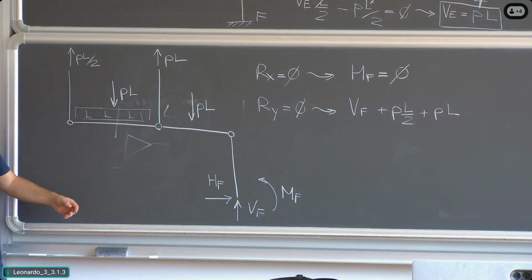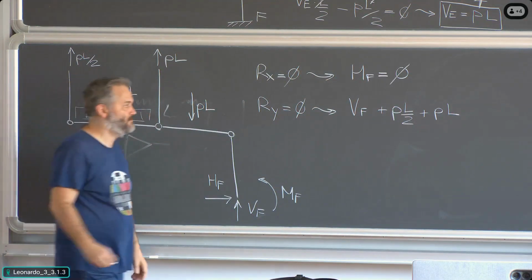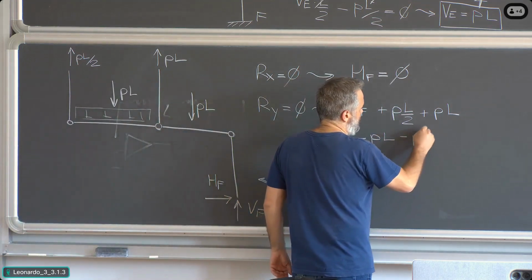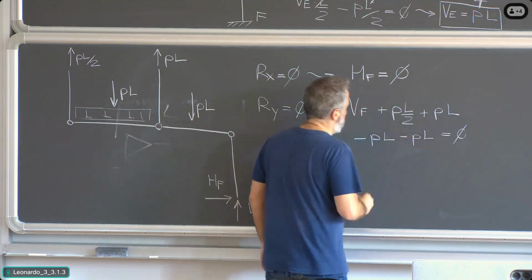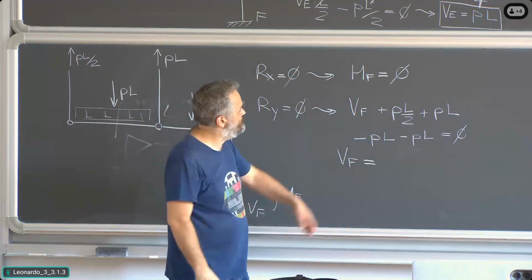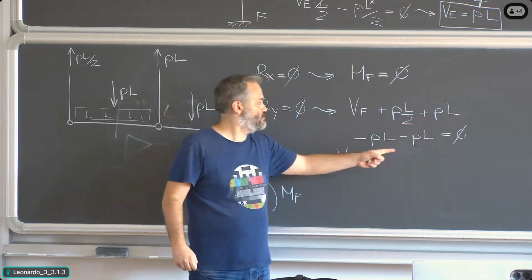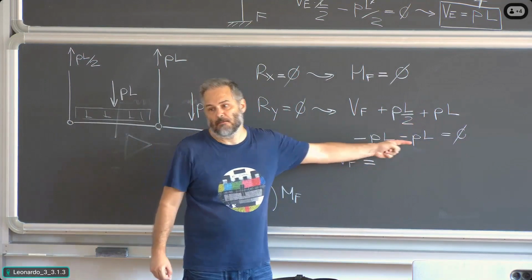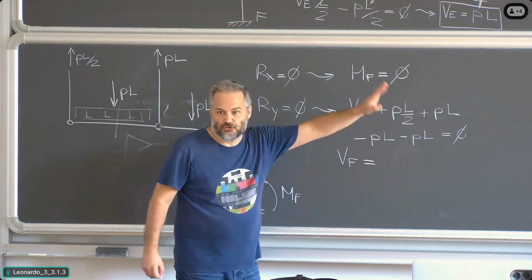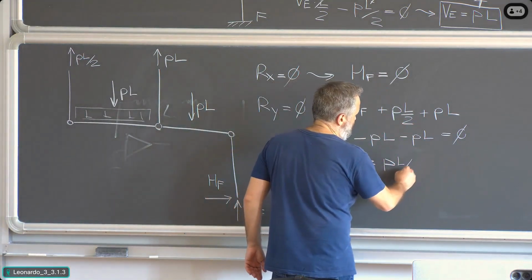Then we have two downward forces, PL and PL, which is minus PL equal 0. This leads to Vf being equal to what? 1 over 2 plus 1 is 3 over 2, minus 1 is 1 over 2, minus 1 is minus 1 over 2. To the other part of the equation, this becomes Vf equal PL divided by 2.